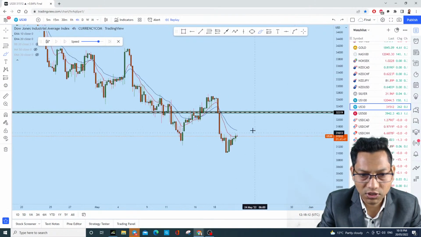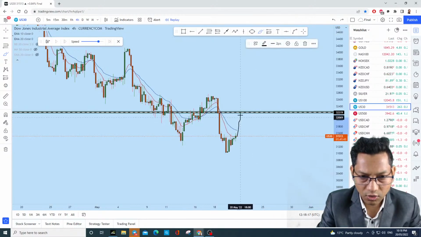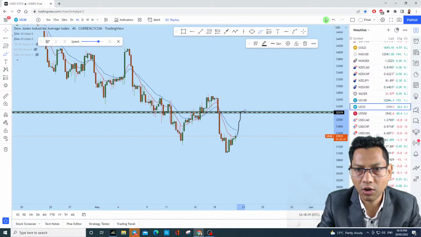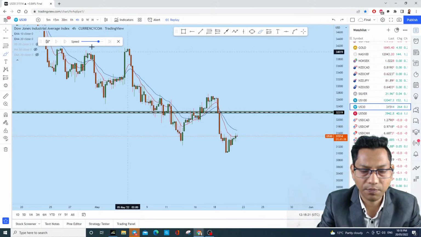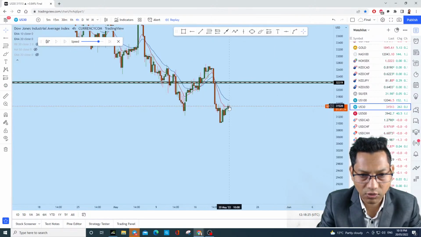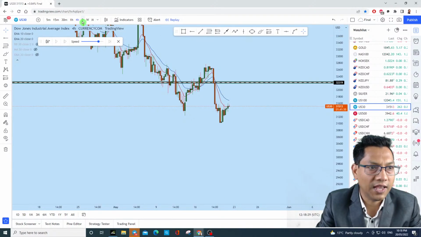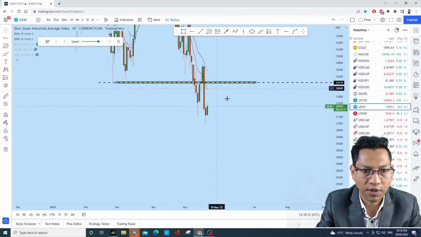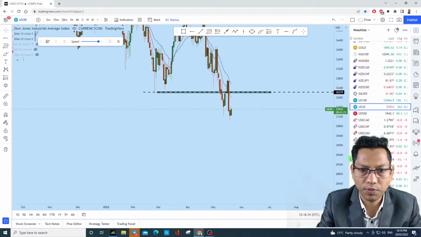So I think that US 30, now there is no trade on it. It could go up. Okay, if you are trading on the lower time frame, let's say 5 minutes, 15 minutes, a different story. In that case, I would say that it's bullish. Okay, it should go up, and then from here we might see another move down.